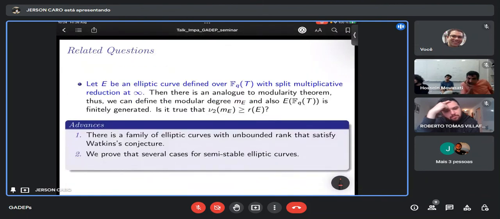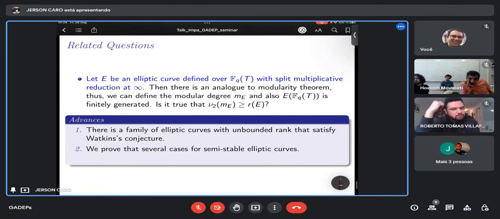Okay, the second thing that we prove is for semi-stable elliptic curves. What we do is the following: we start with an elliptic curve defined over this field. If we extend the base field, and we think of the elliptic curve defined over this field, we have Watkins conjecture in this case.